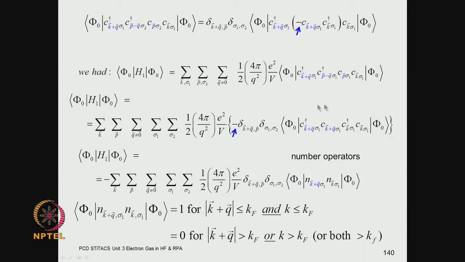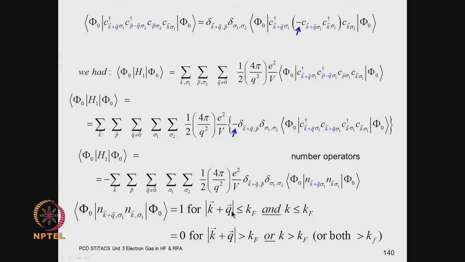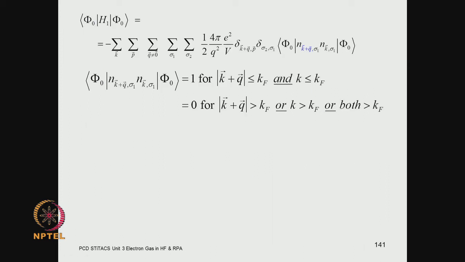So, this matrix element of the creation and destruction operators is going to contribute either 0 or 1, and the conditions when it will contribute a non-zero value are determined by whether the magnitudes of k plus q and k are less than or equal to the momentum at the Fermi surface or greater than that. So, those are the determining factors.